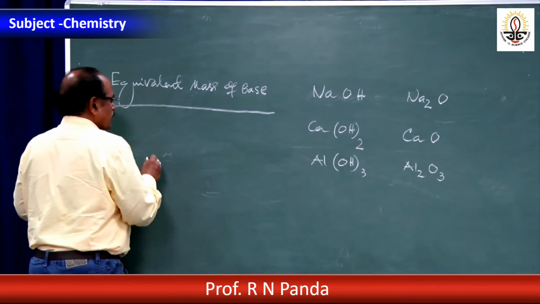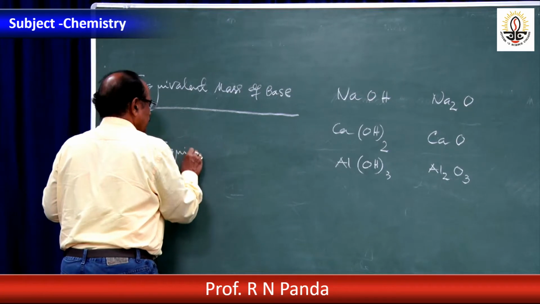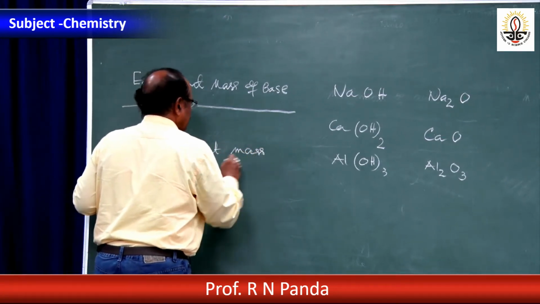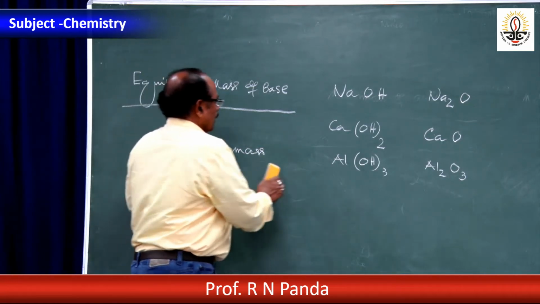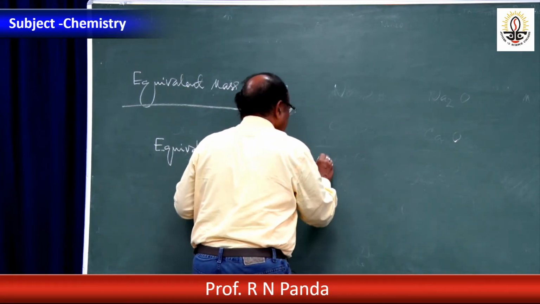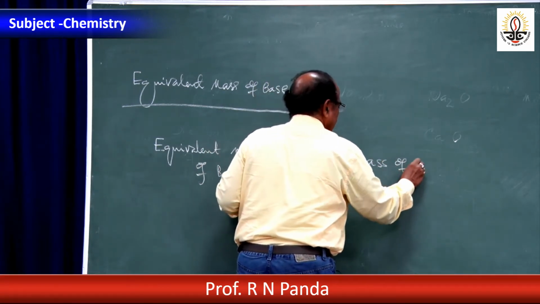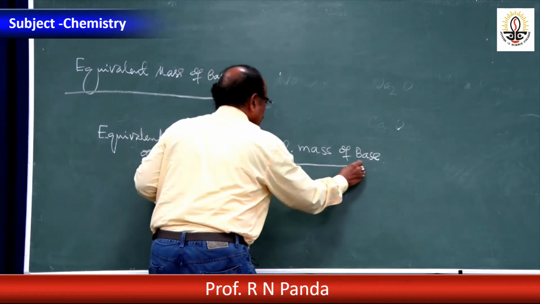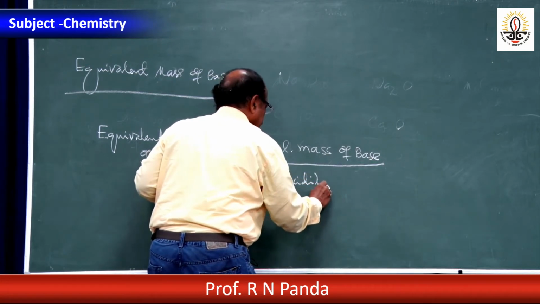So, the equivalent mass of a base is equal to the molecular mass of base divided by the acidity of the base.